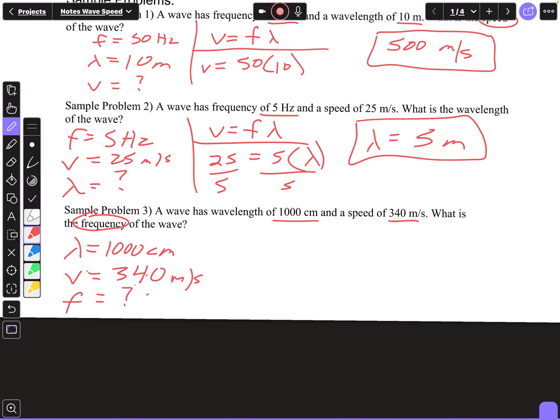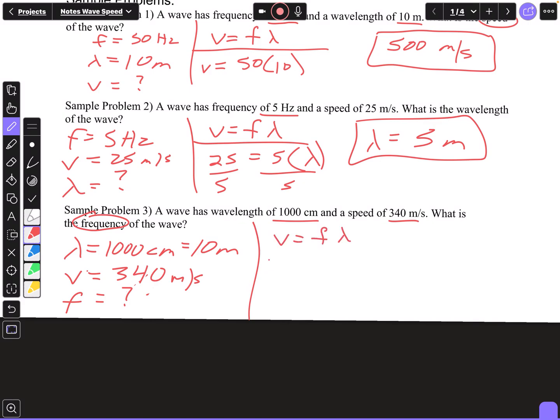How do I go from centimeters to meters? I divide by 100. If you divide 1,000 by 100, that would give you 10 meters. So simply, centimeters to meters, you divide by 100. Then the equation I'm going to use is V equals frequency times wavelength.